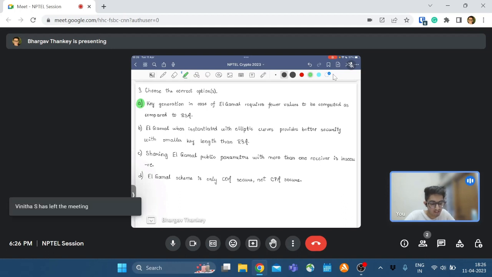On the other hand, in the case of RSA, to compute a public key, we have to first find two relatively large prime numbers p and q, then multiply them to get N, and also multiply p minus 1 and q minus 1 to obtain phi(N). So that's already four values. Then we have to find an e, which is relatively prime to phi(N), and finally compute d such that ed equals 1 mod phi(N).